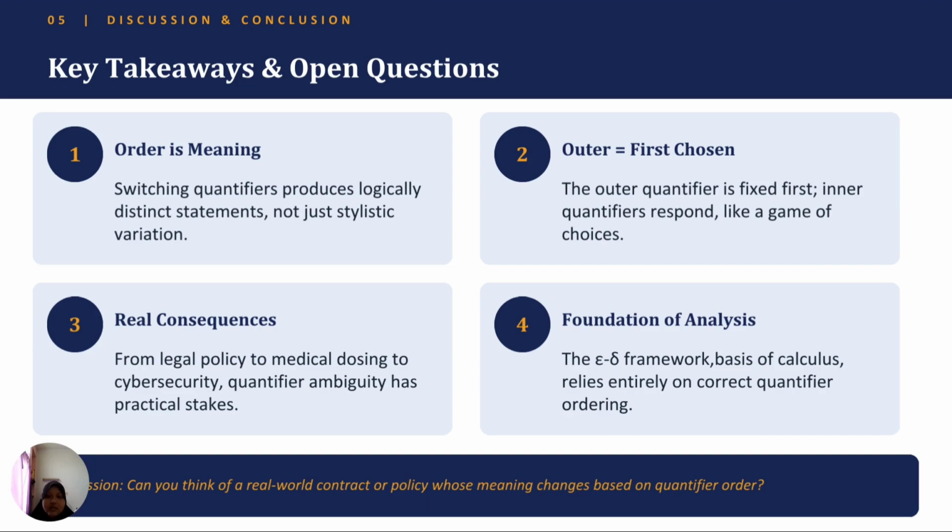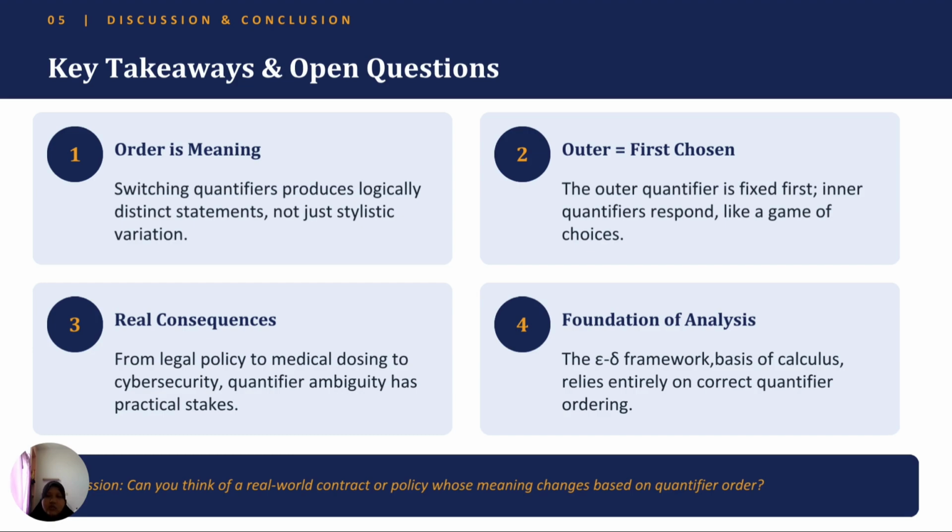The logical meaning can become completely different. For example, for every person there exists a solution is different from there exists a solution for every person. The first one means each person may have their own solution, while the second suggests there is one solution that works for everyone.